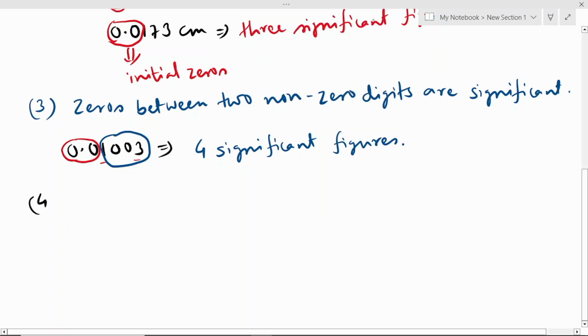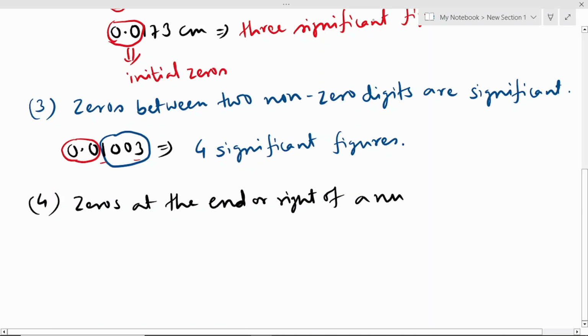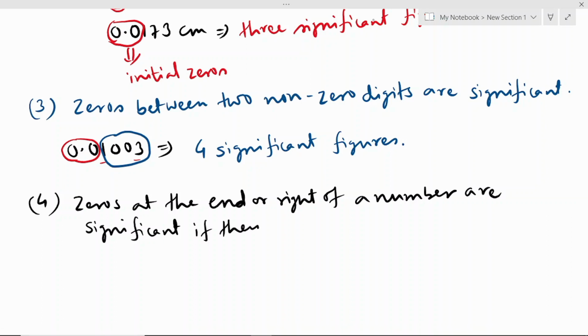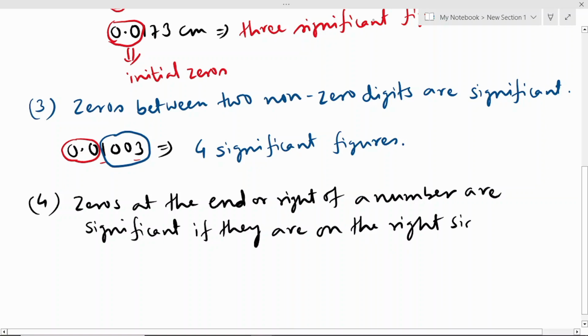Rule number 4 says zeros at the end or right of a number are significant if they are on the right side of the decimal point.